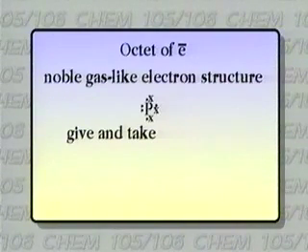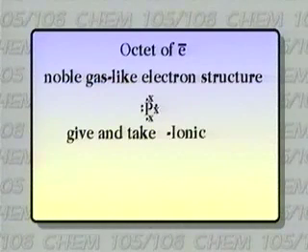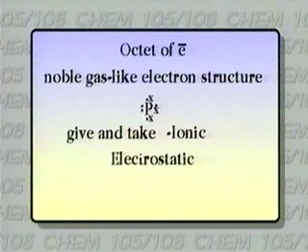This is referred to as ionic bonding. Because what happens when things give or take electrons is they no longer remain neutral atoms but become ions. And it's the ions, opposite charged particles, that are attracted to each other that creates the bonding force. The bonding force in ionic bonding is electrostatic. That's what's holding the particles together.